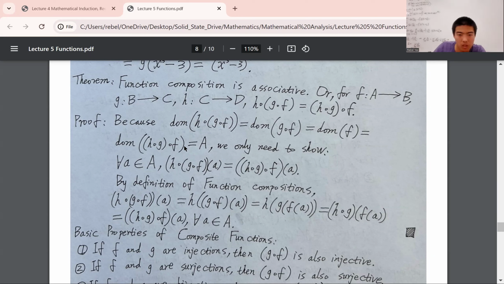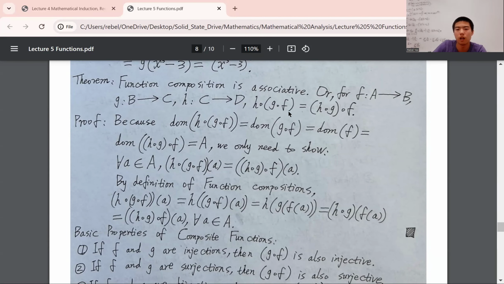So first let's assume the domain of this one is just the domain of g∘f, because the domain of a composition is always based on the first function. g∘f has f as the first function, and in this one, f is again the first function.